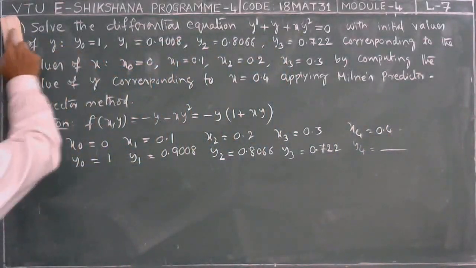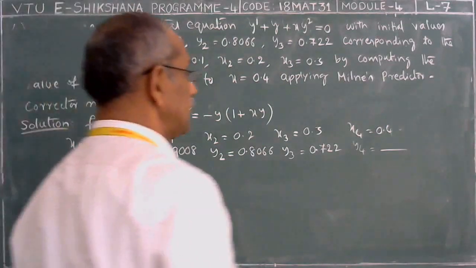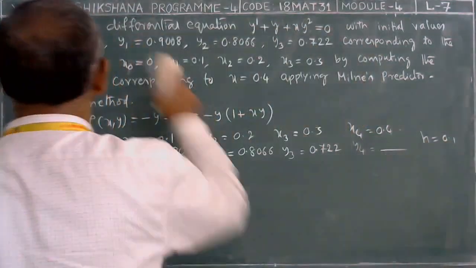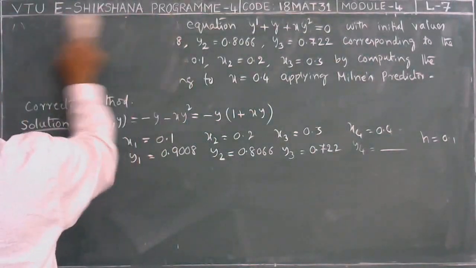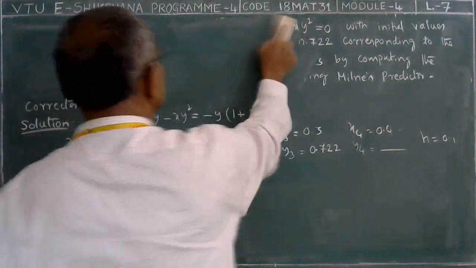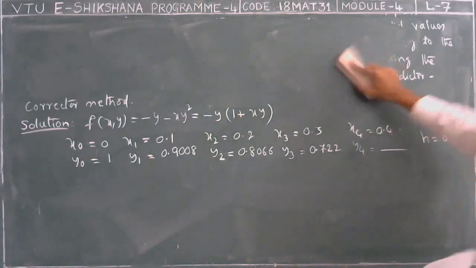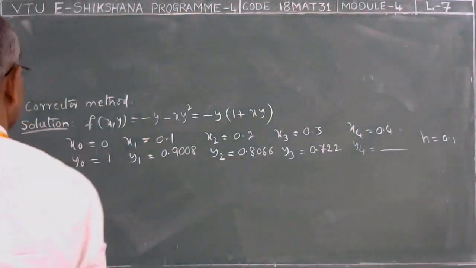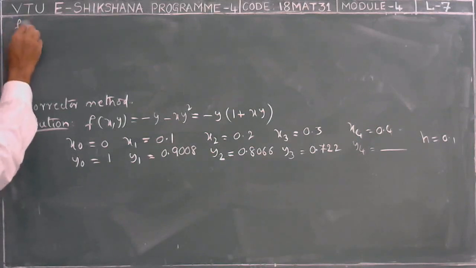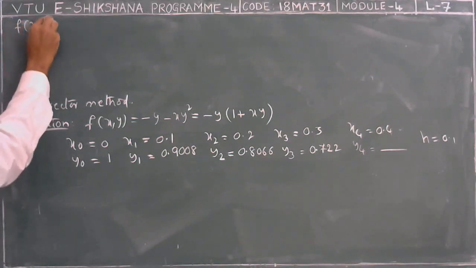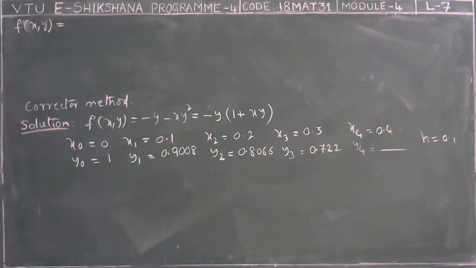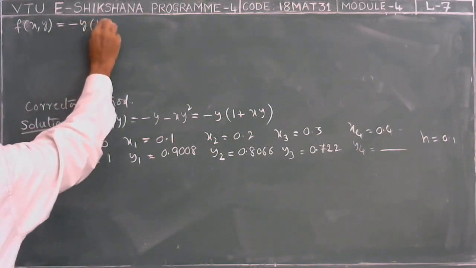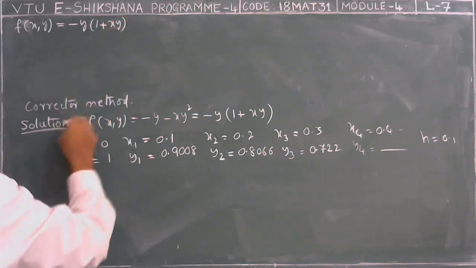Okay. So h is 0.1. Very simple. Now let me write down the data and then apply Milne's predictor corrector. So given f of x comma y is equal to minus y into 1 plus x y.